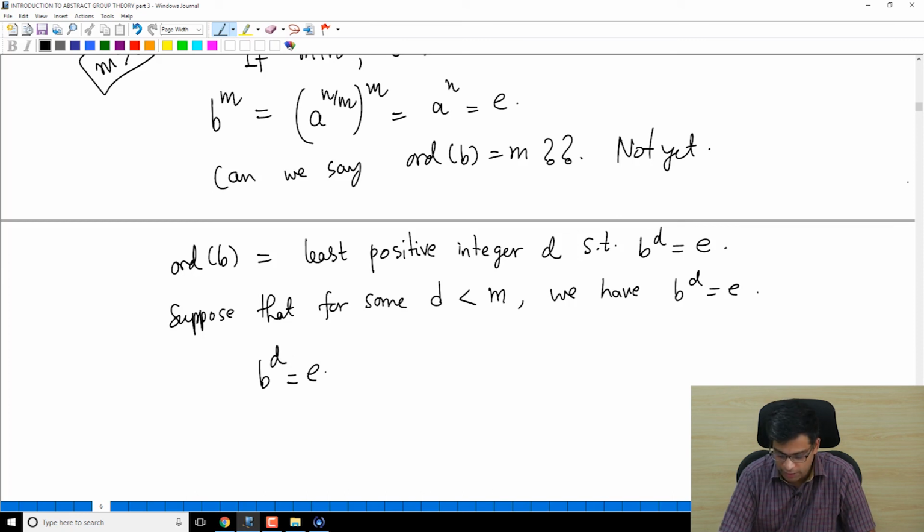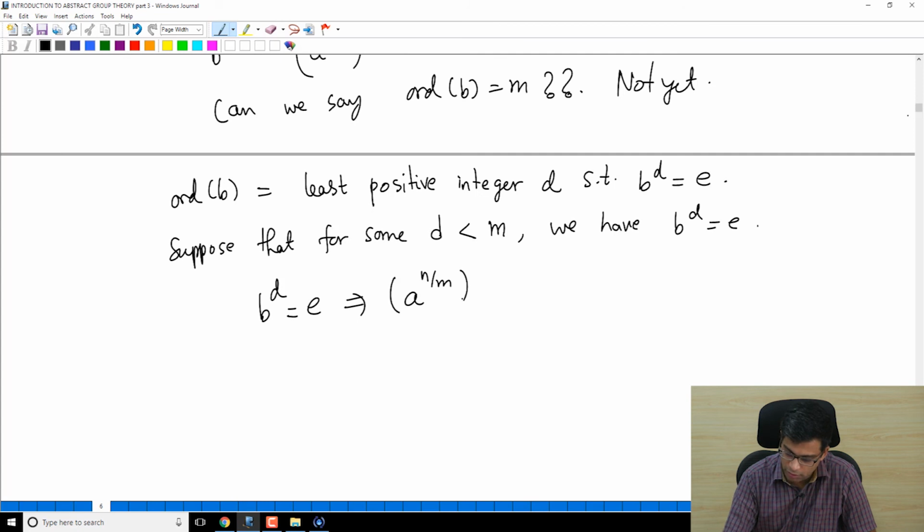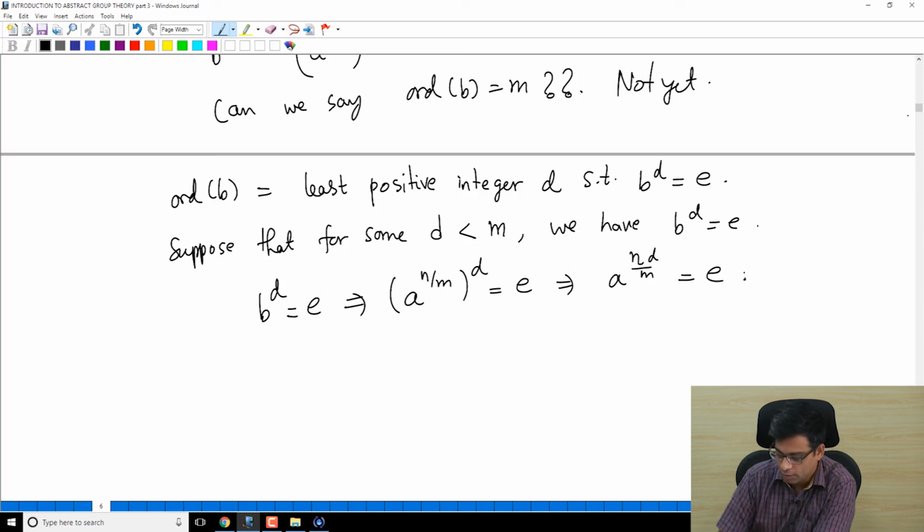B power d is E, and remember B is A power n by m, so this means A power n d by m is E. But if d is less than m, n d by m is less than n, correct?